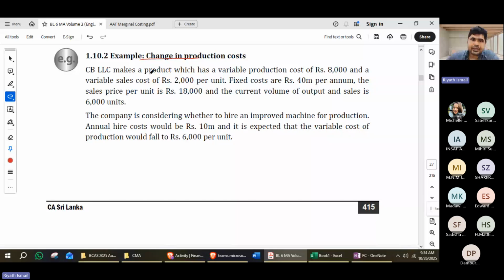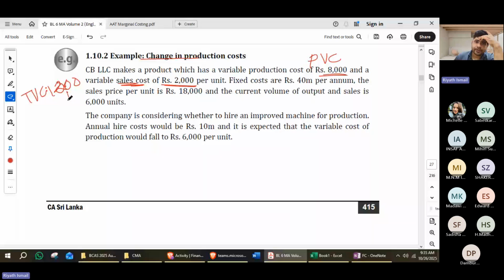The CV LLC makes a product which has a variable production cost of 8,000 and a variable selling cost of 2,000. So the total variable cost per unit is 10,000.